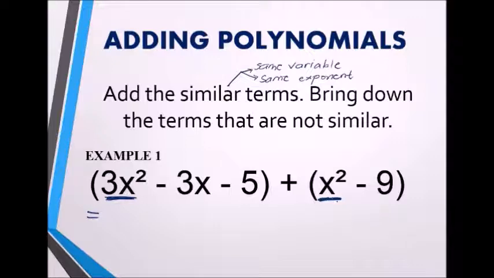Hindi mo naman ina-add yung label, kokopyahin mo lang yung label sa numbers. Kung parang mansanas, 3 mansanas plus 1 mansanas, mansanas pa rin siya. Hindi naman siya nag-evolve. So, kung x squared ang i-add mo sa isa pang x squared, ang magiging variable and exponent pa rin ay x squared. So, 3x squared plus 1x squared, wala lang nakasulat na 1 kasi hidden 1 na siya, is equal to 4x squared.